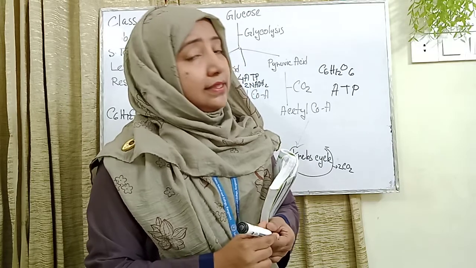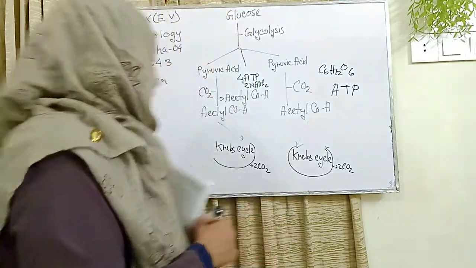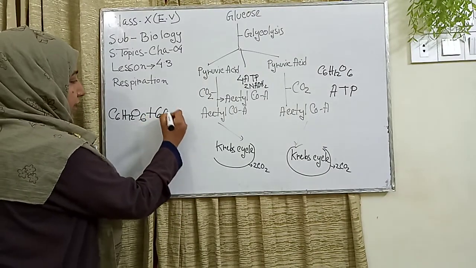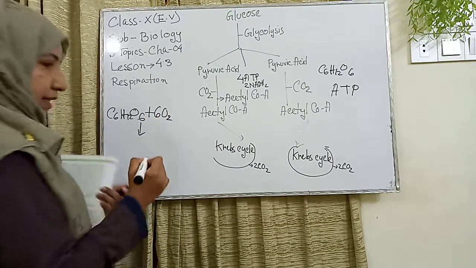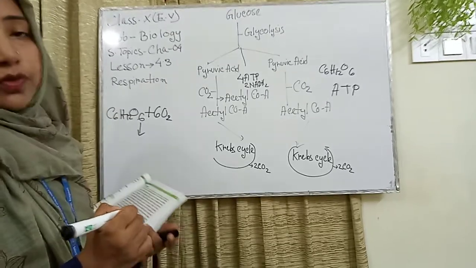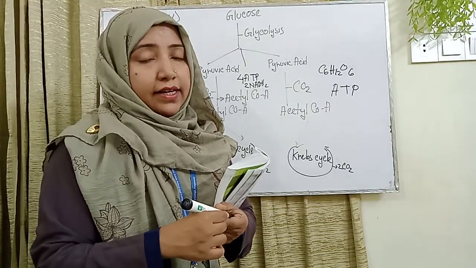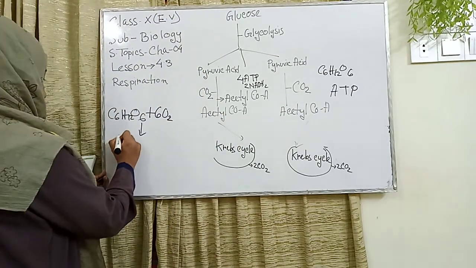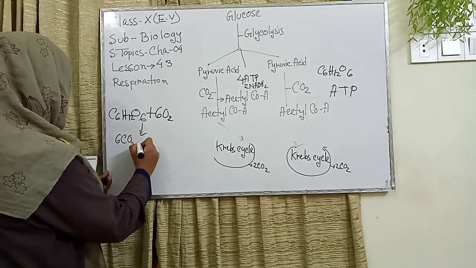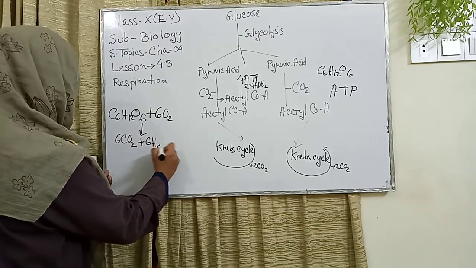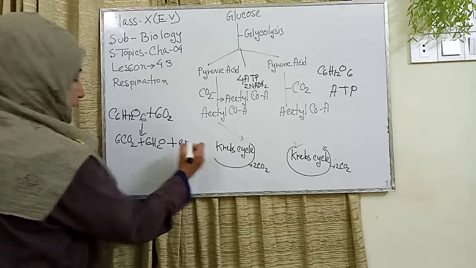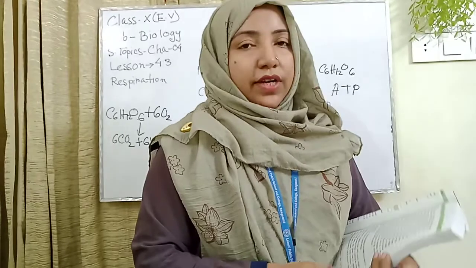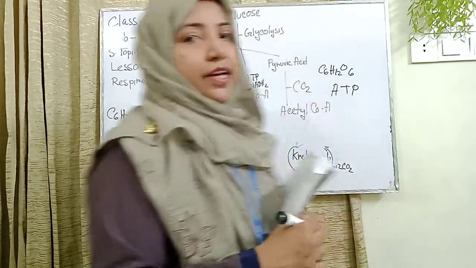With the potential energy and 6 oxygen, it is converted into kinetic energy, the ATP. I write 6 carbon dioxide, 6 H2O plus energy, where we read 686 kilocalories per mole, or 38 ATP.